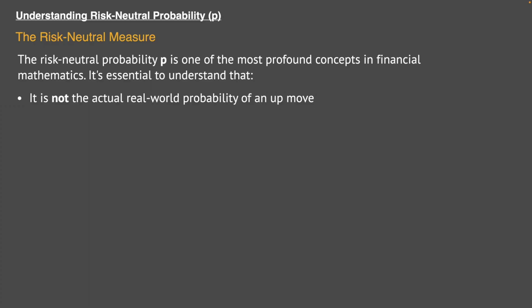The probability P, which we have used in our previous problems, is not the actual real world probability of an up move. The probability P, which we have calculated using the formula, is an arithmetic probability. It is not the real world probability.